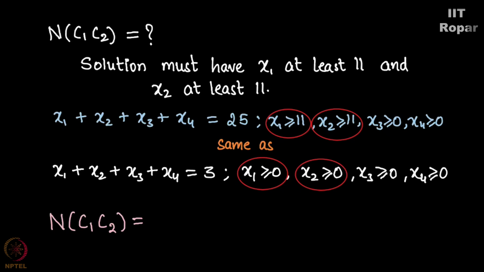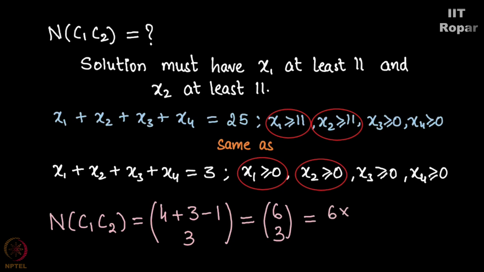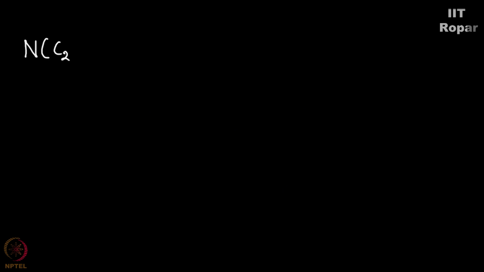So, the number of possibilities for x1 plus x2 plus x3 plus x4 equals 3 happens to be 4 plus 3 minus 1, choose 3, which is 6 choose 3. That is 6 into 5 into 4 by 6, which is 20. Right? Now, n of c2, c3 will also be the same. It is 6 choose 3. Why?